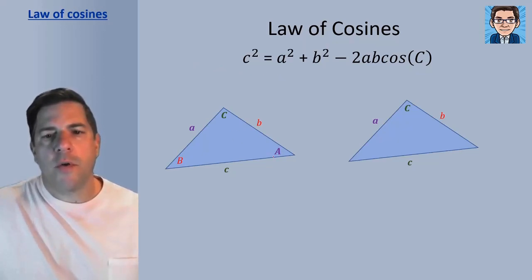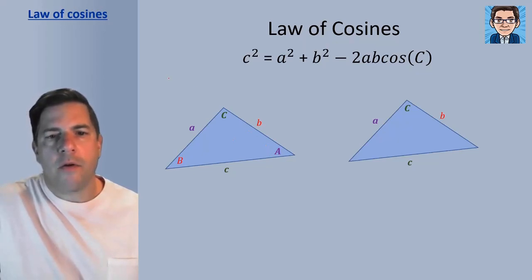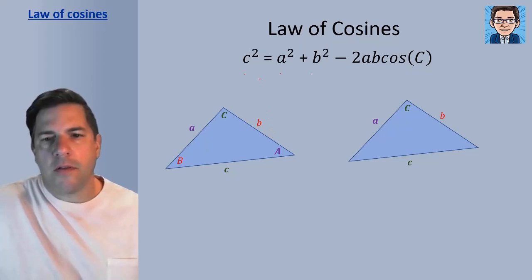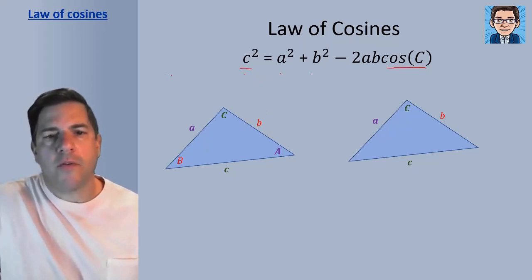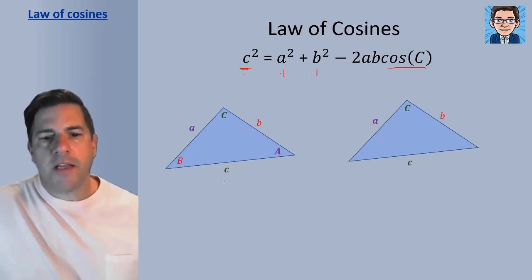It's important to notice that we've got three sides and then we've got an angle, and that angle is the angle that is across from this side, and it's the angle that's in between these two sides. Let's take a look at what that looks like with numbers.